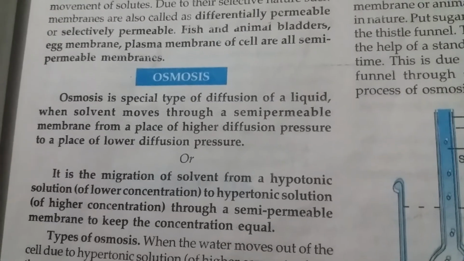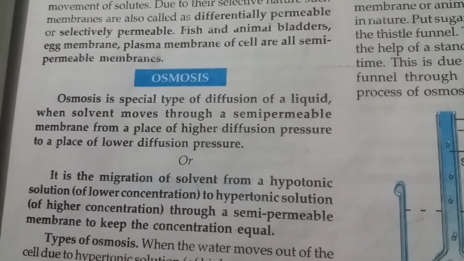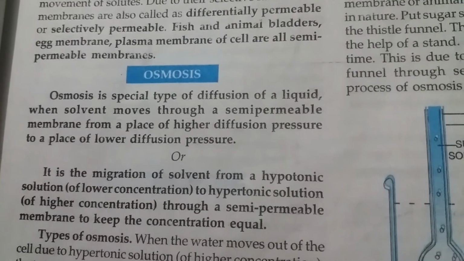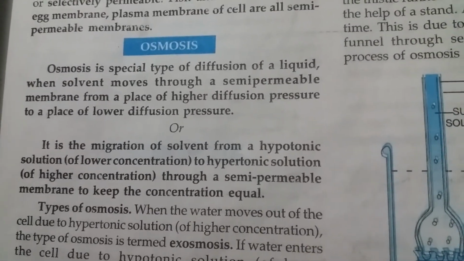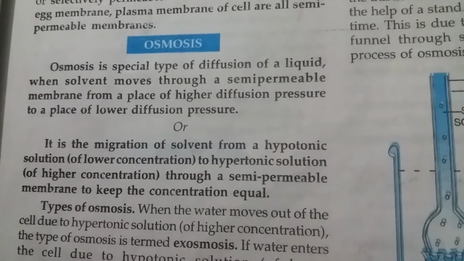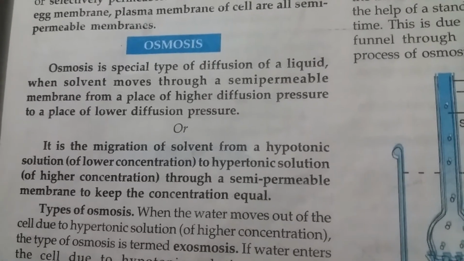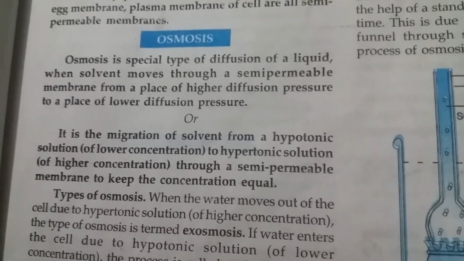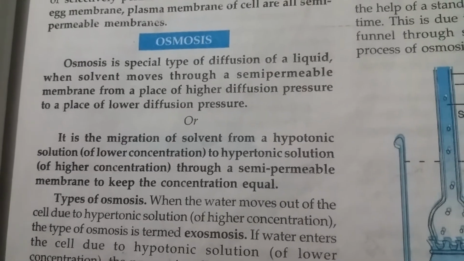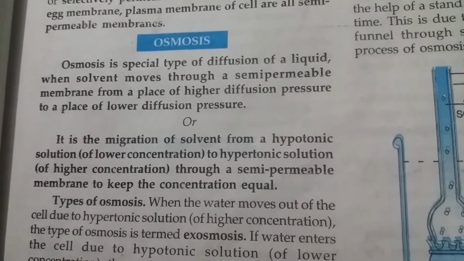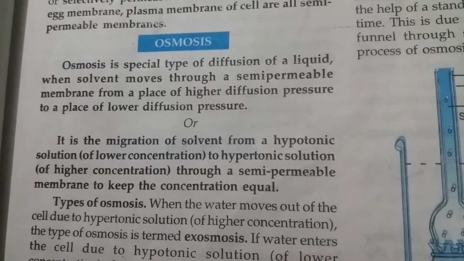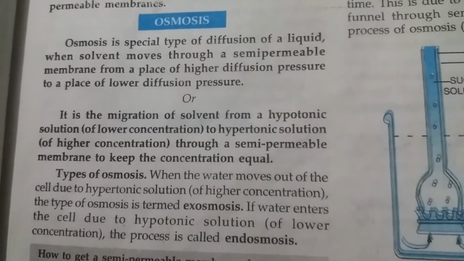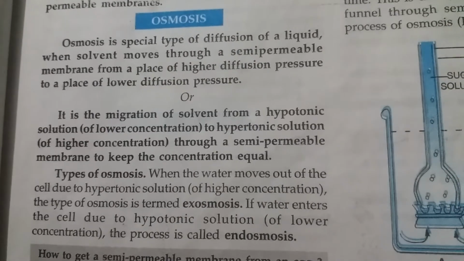Same as that of diffusion, but there is involvement of a semi-permeable membrane. Here we have three solutions: hypotonic, hypertonic or isotonic solution. So it is the migration of solvent from a hypotonic solution to hypertonic solution through a semi-permeable membrane until the concentration becomes equal.